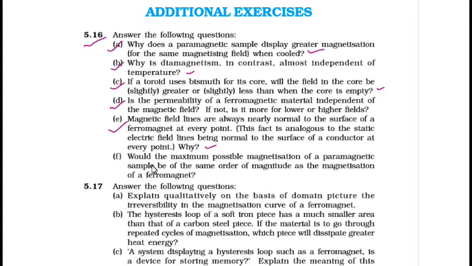The next question is F. Would the maximum possible magnetization of a paramagnetic sample be of the same order of magnitude as magnetization of ferromagnets? Let us see the solution.